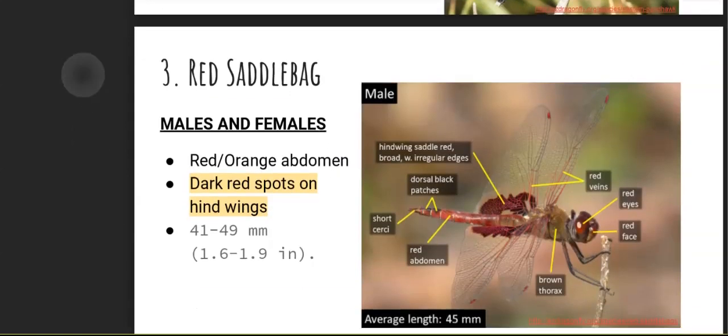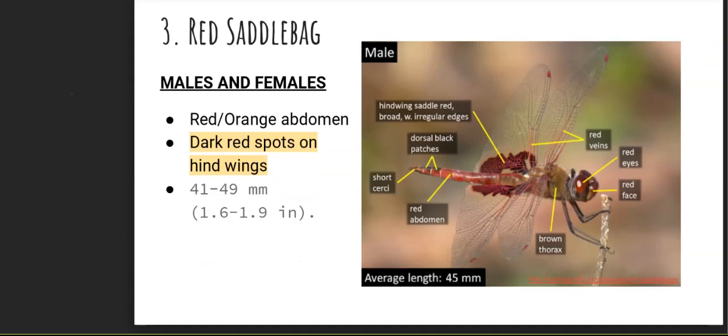Another common dragonfly in Florida is the red saddleback. You can see these are the wings of the saddleback, and here you can see the reddish color, which resembles a saddle. That's where the name comes from. These are a little bit bigger. It can be up to almost 2 inches big.